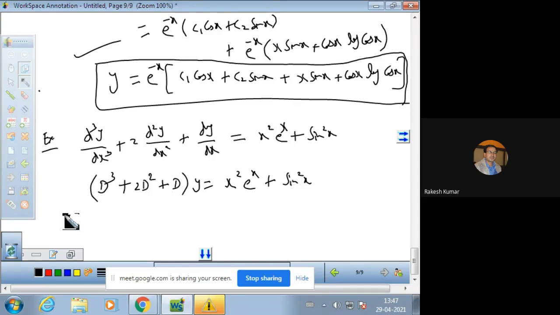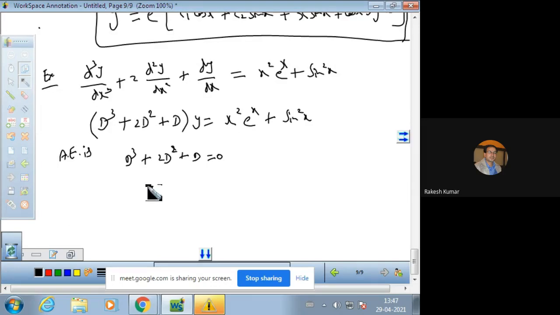Now we can find the auxiliary equation, putting the differential operator: d cube plus 2d square plus d is equal to 0, and you will have the roots. The roots are 0 and 1 and 1. Sorry, 0, minus 1 and minus 1. So these will be the roots of this equation.